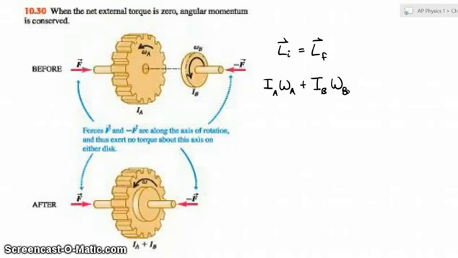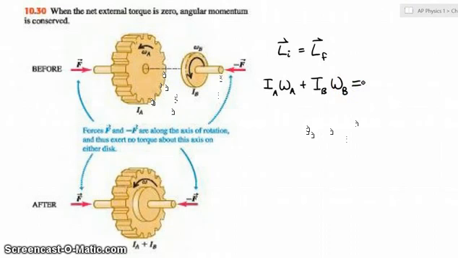And remember that these values are vectors, so sign does matter, and you might want to take a quick moment to look at the rotational direction of each of the gears and use the right-hand rule to show that the direction of the angular velocity is actually in the positive x-axis for both of the gears.